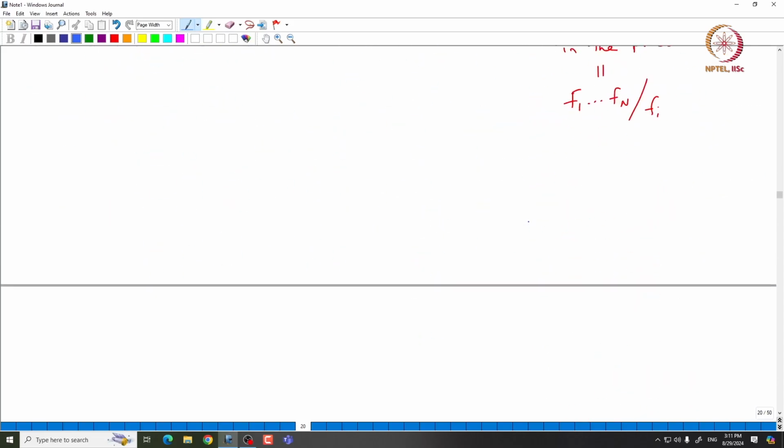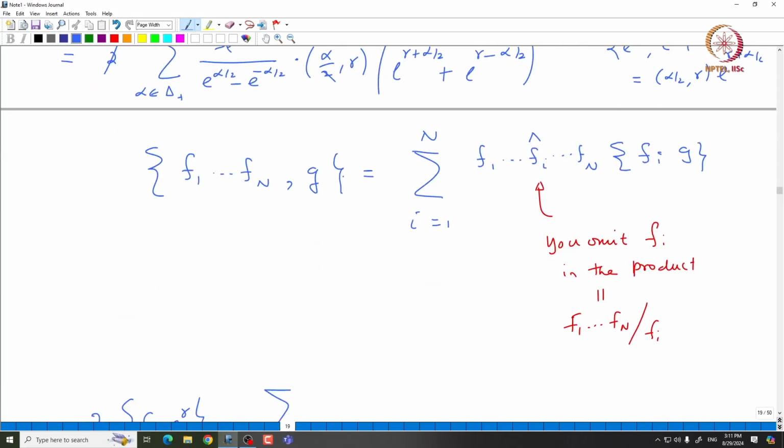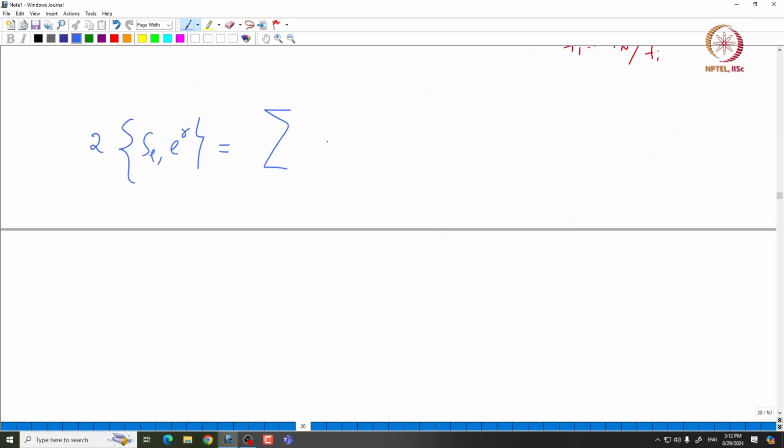Okay. So, then if you just compute it again, twice S rho comma e power gamma is exactly equal to summation. Now this 2 and 2 we can cancel. So, then it is exactly gamma comma alpha divided by e power alpha by 2 minus e power minus alpha by 2.